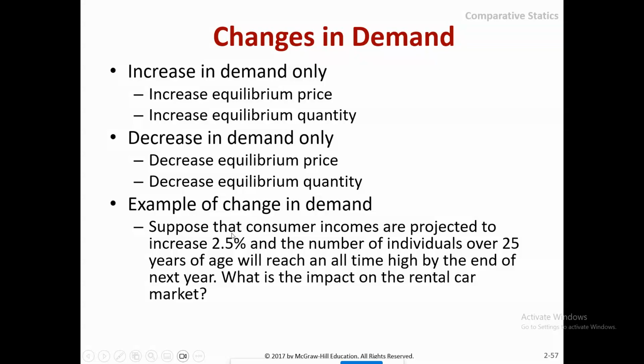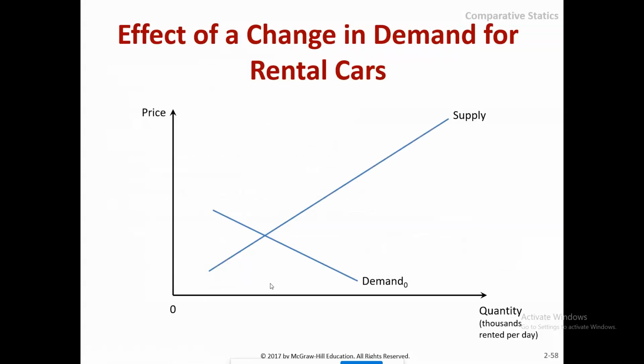Here's an example of a change in demand. Suppose consumer incomes are projected to increase 2.5%, barely covering inflation. The number of individuals over 25 years of age will reach an all-time high by the end of next year. What is the impact on the rental car market?